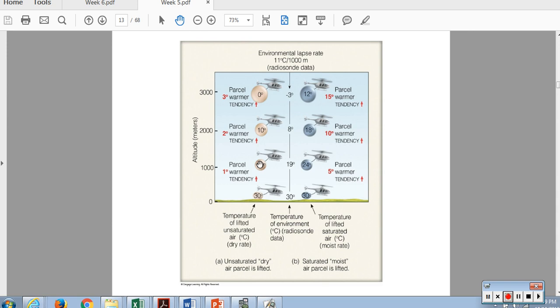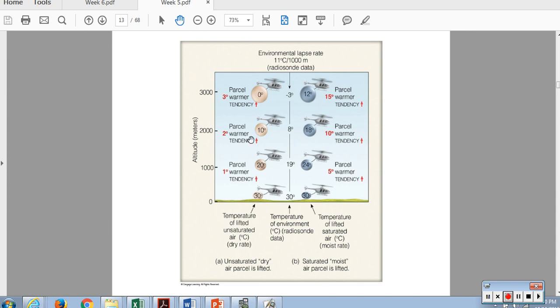But if it was forced to be lifted to a new location, you can see now that its temperature is higher than its surroundings. That makes it less dense and more buoyant, and it will begin to float on top of the surrounding air, and it just becomes worse.